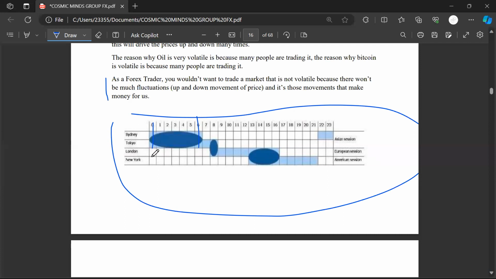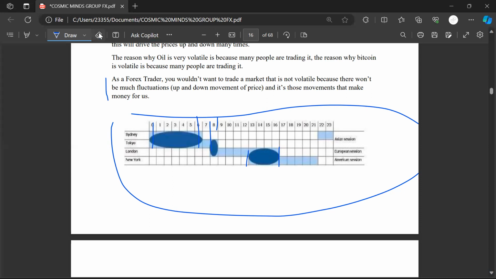Now, when you take London here and here, we have another representation, don't worry. And then we have New York here, right? So you see, in fact, Sydney is from 0 to 6, right? Tokyo is from 0 to 8.